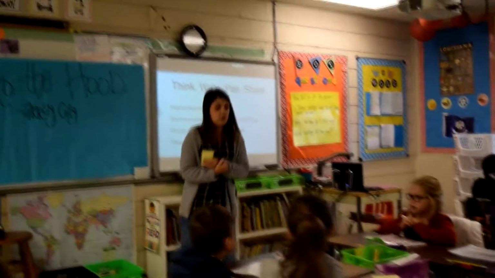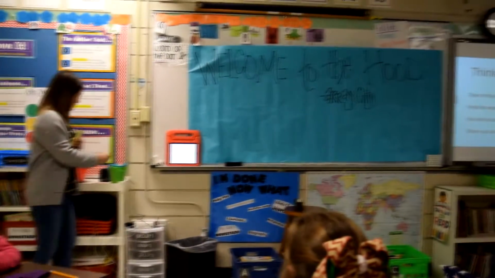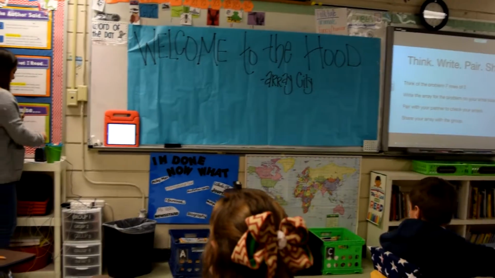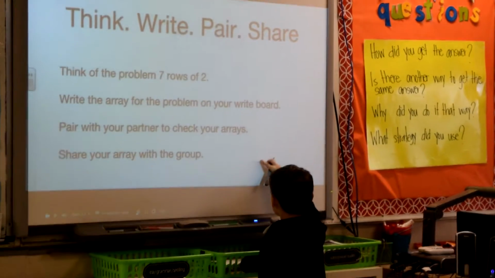Very good. Let me choose somebody to come draw the array and write the multiplication sentence. Number 11. Come on down, Everett. Draw the array for me. Don't put your arm on the board.